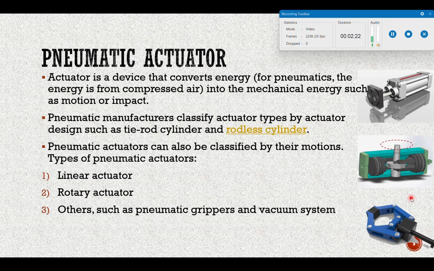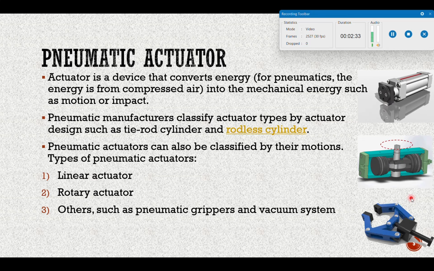So a little bit more about pneumatic actuators. An actuator is a device that converts energy, in this case the energy from compressed air into mechanical energy, such as motion or impact. If you have electrical actuators, you would convert energy in electrical form into mechanical energy.